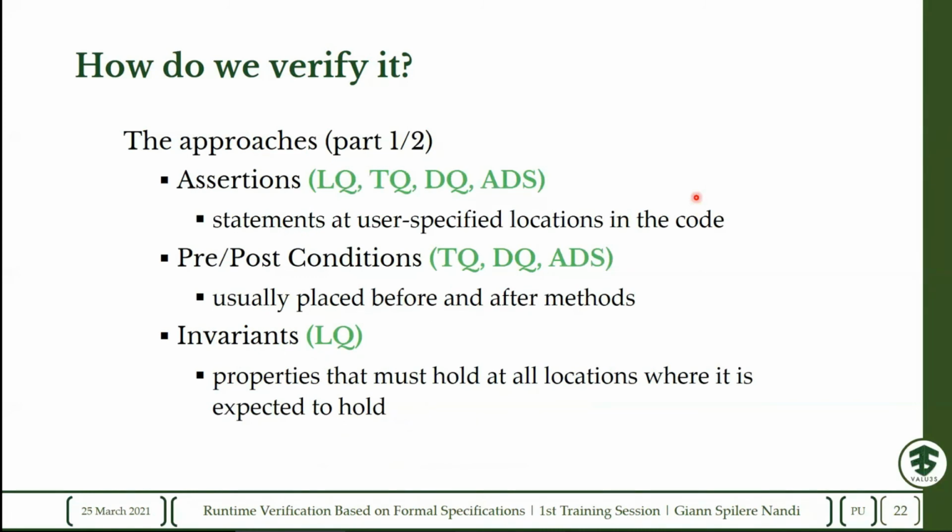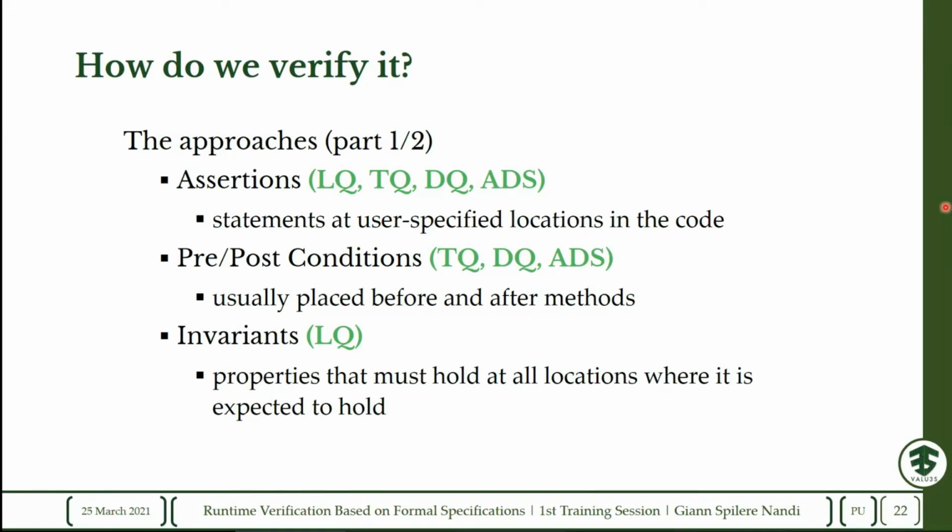If you want to go to the approaches, I just listed the approaches that are related to the techniques that we just saw. So for example, with assertions, the idea is that you put a statement in your code to check if something is true or not. With pre and post conditions, you analyze some properties, some assertions before and after something happened.